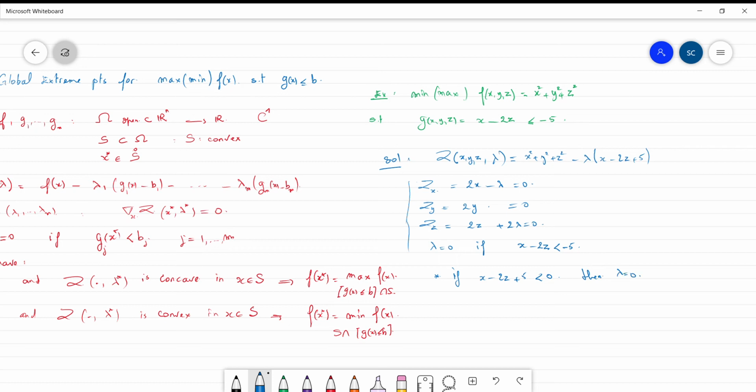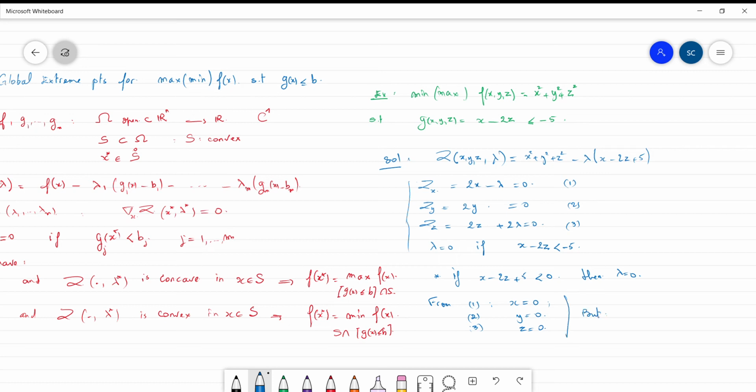If we substitute into the equations, calling them 1, 2, and 3, from 1 we deduce x equals 0, 2 gives y equals 0, and 3 gives z equals 0. So we have a candidate point, but let's check if it is part of the set.